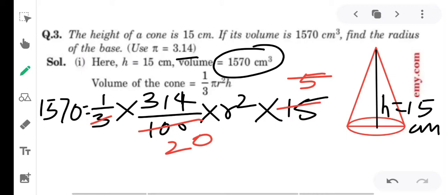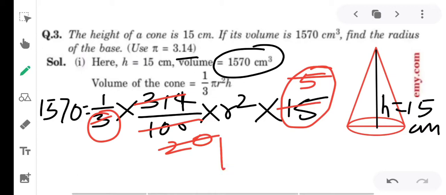And again, you can see that 15 is completely 0, and here this 3 will be also 0, right? So now we have the 314 and the 20. So we can also divide it by 2 times, right? So 2 10s are 20, and here we will get 157, right?